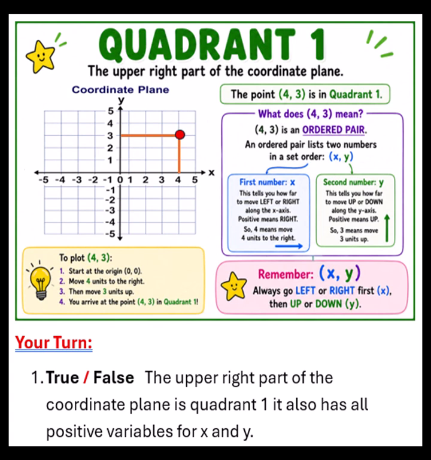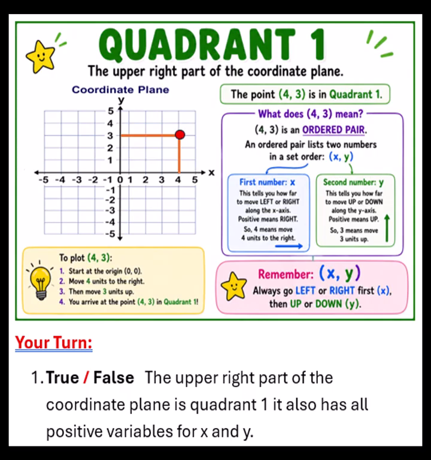The 3 is in the y position in the ordered pair. This tells you how far to move up or down along the y-axis. Since it is a positive number, it means move up. So 3 means move 3 units up from the 0.